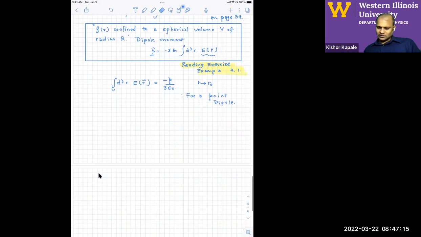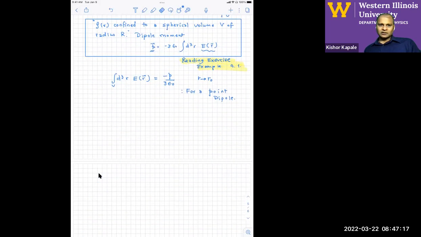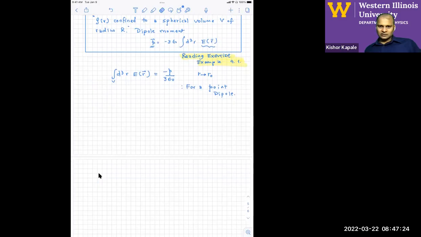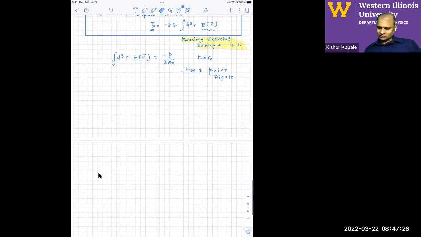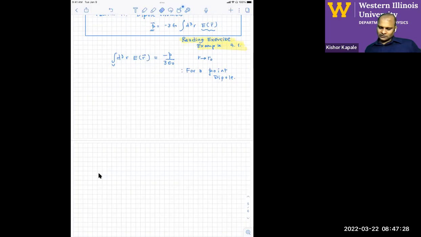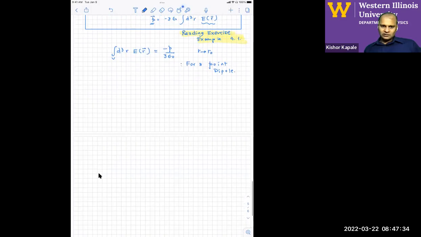Okay, so let's continue. That's just the relation that connects the two.